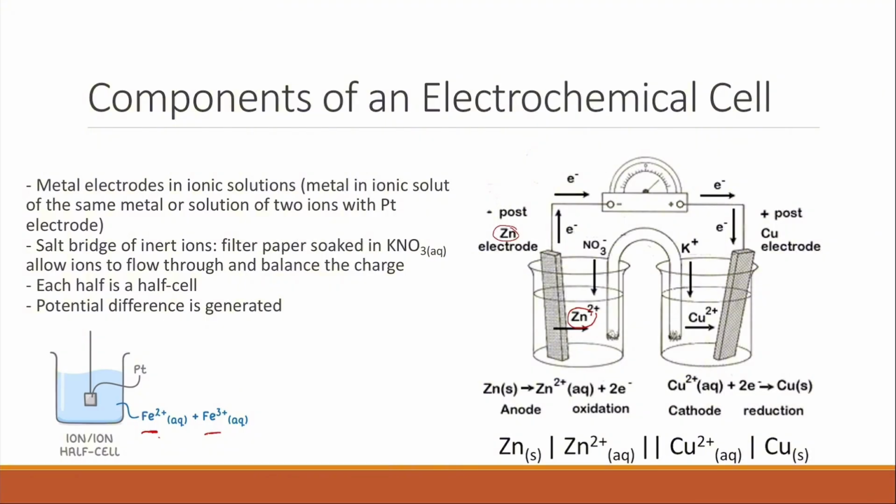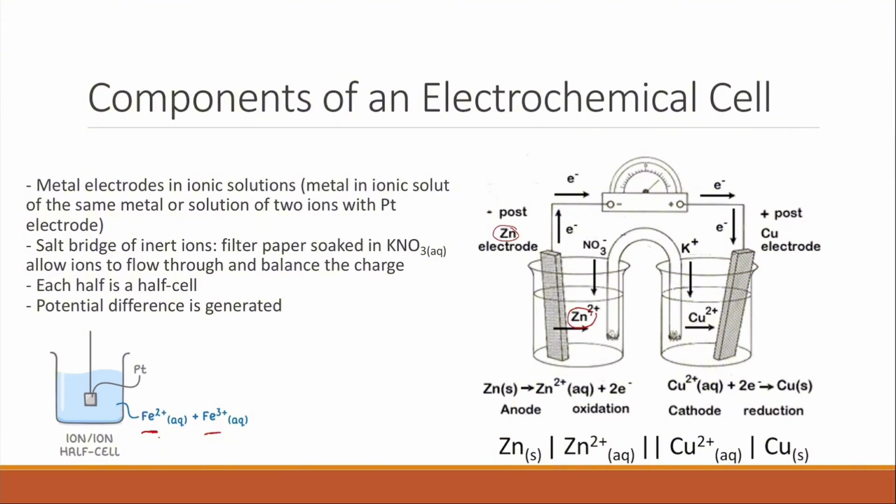We connect the two electrodes from the outside with a voltmeter, which can measure the voltage or potential change. And then we have to connect the two half cells with something called the salt bridge. The salt bridge will contain some inert ions.